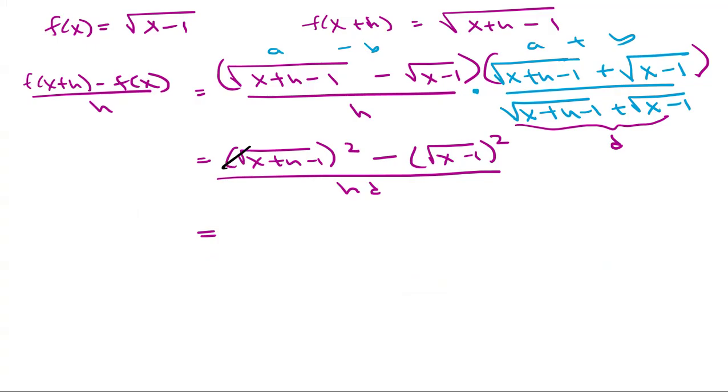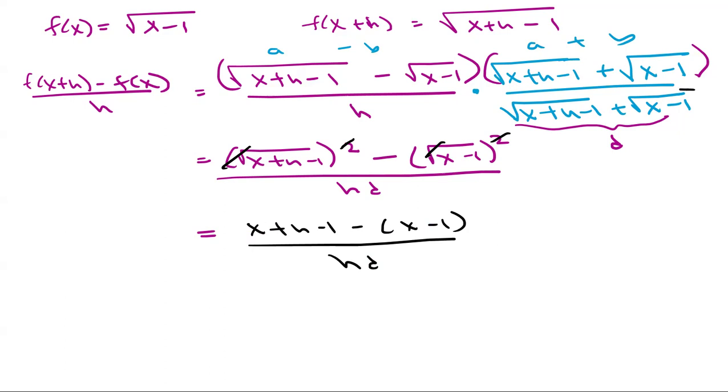So the radical and the square go away. So we have x plus h minus 1 minus, again, put this in parentheses, x minus 1, and I have hD. Again, that D represents this bottom portion of the denominator, so I don't have to keep writing that whole thing out.